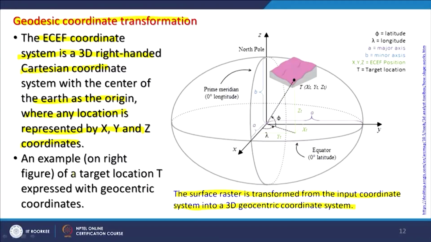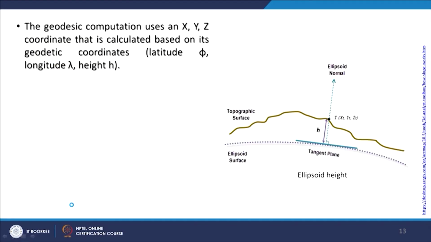In GPS or GNSS you get an estimation of the height, which is why they also follow a similar geodesic Cartesian coordinate system, the 3D ECEF. Here, for a target location T, shown as x1, y1 and z1, which is expressed in the geocentric coordinate system, you get better results.